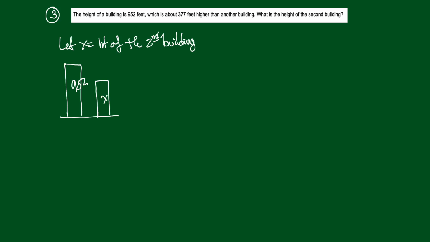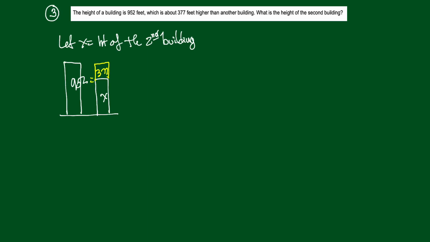But we know this building here is 377 feet higher than this one. So if I take this one and add, okay, if I added 377, these two things would be equal. So I can write an equation right from this. It says 952 is equal to x plus 377.